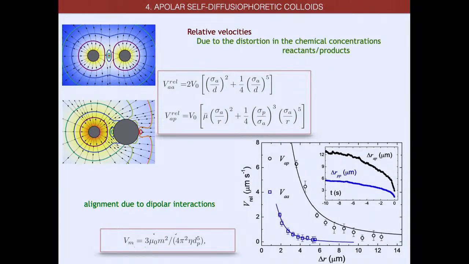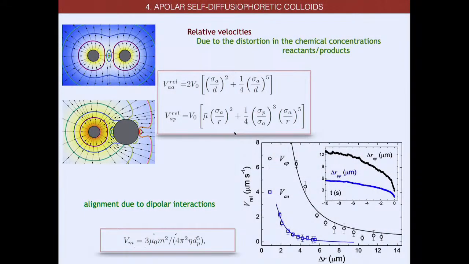So again, what we did is we could estimate the force that this gradient creates on the silica particle. The silica particle perturbs the concentration, so it also affects how an active particle will move. This interaction is not reciprocal. The force that the silica particle, by distorting the chemical field, exerts on the active particle is not the same as the reverse.